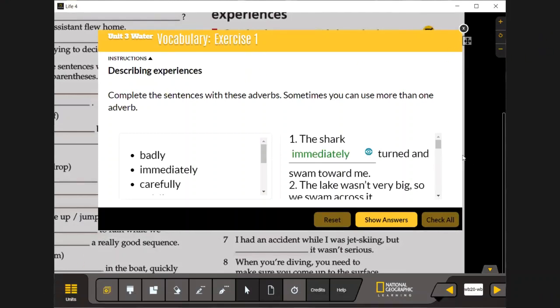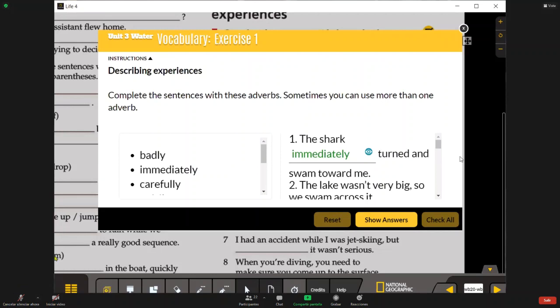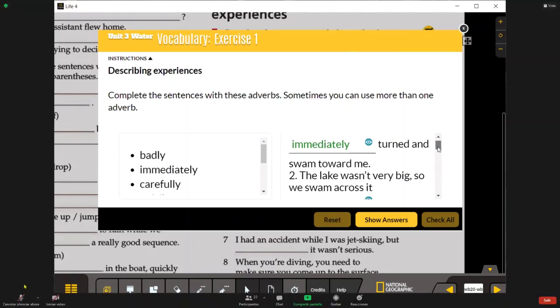Pues mira, yo le diría suddenly. The shark suddenly turned around and swam toward me. Está bien, tú déjala así. Chicos, si alguien tiene immediately, pues está bien. El libro dice que está bien, pero para mi gusto, yo le diría suddenly. Está bien, Jiménez, no tengas problema por eso.